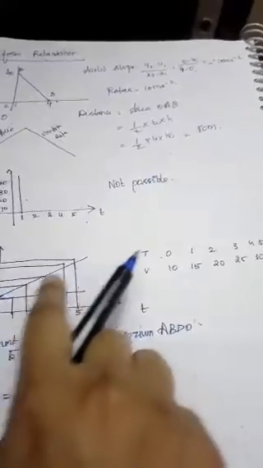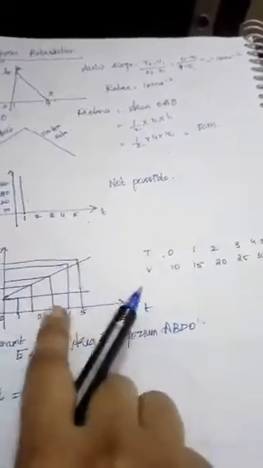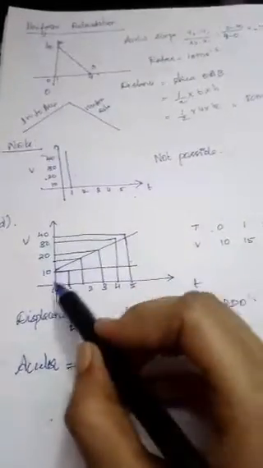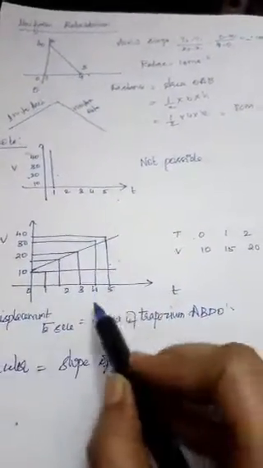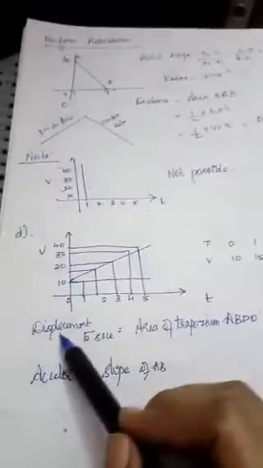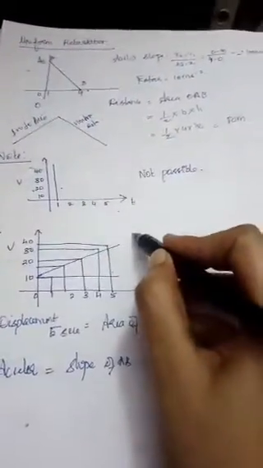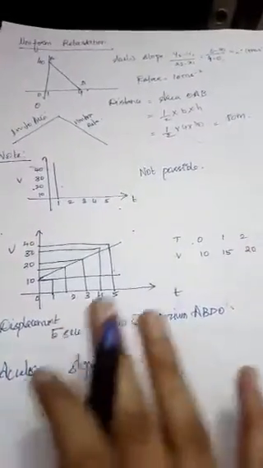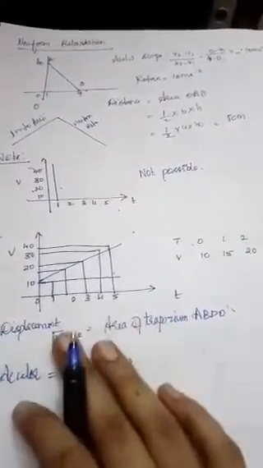In that case it is showing an acceleration. Then you can draw a graph like this. This is given in your book. So if I want to find the displacement, I have to find the area of the trapezium which is given. Acceleration means slope of the line AB. Is it clear to you all? This example is given in your textbook. Just go through it.